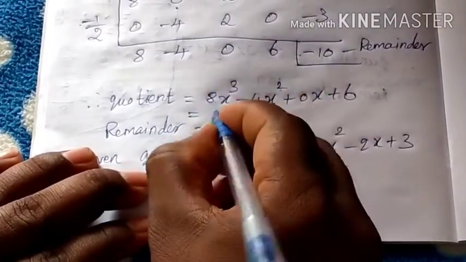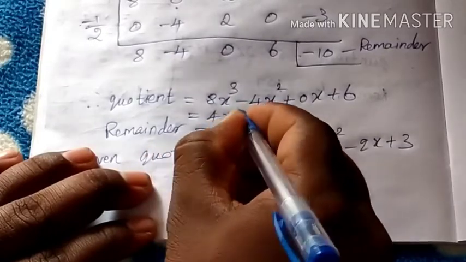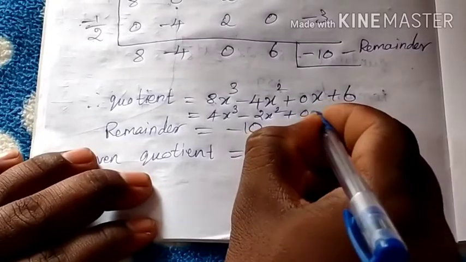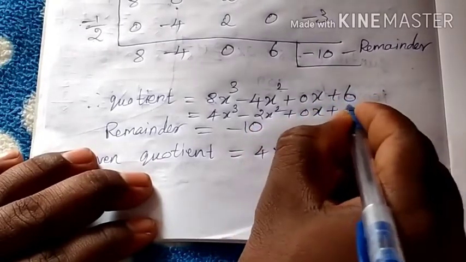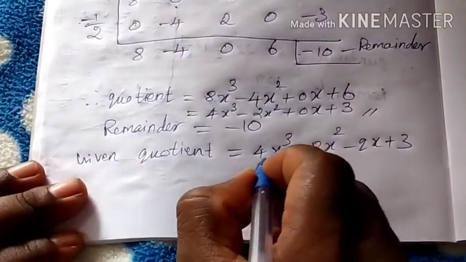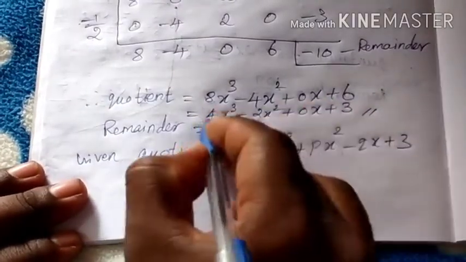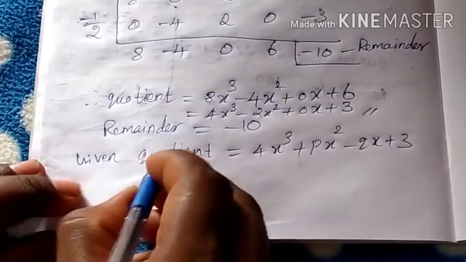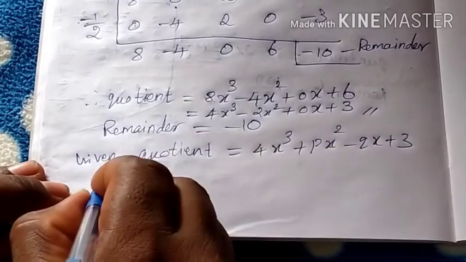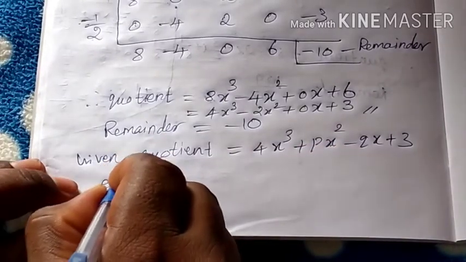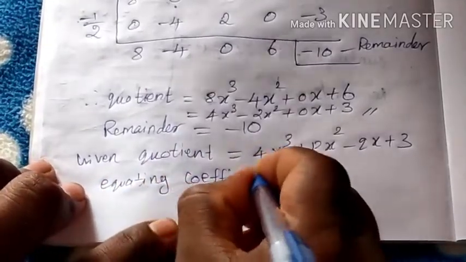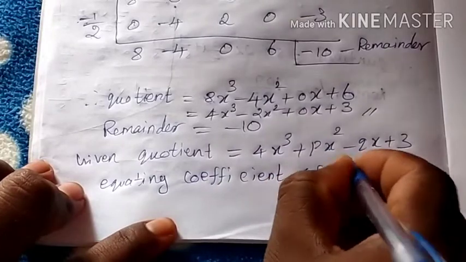This value divided by 2, we get 4x cube minus 2x square plus 0 by 2 is 0, so 0x plus 6 by 2 is 3. Okay, now compare the given quotient and the resultant quotient. We get, equating the coefficient of x square.